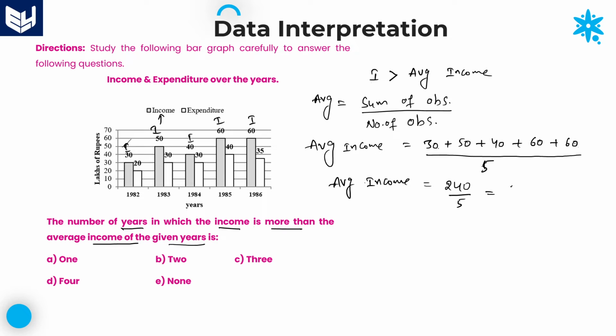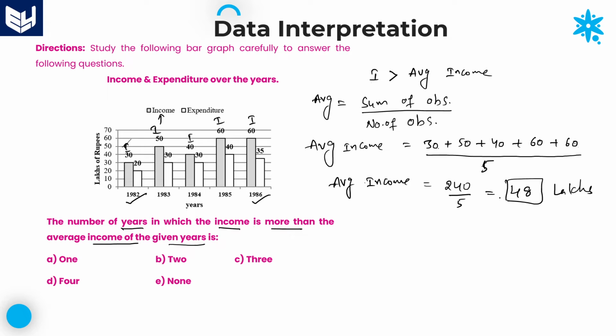Calculate this one. 4 fives are 20, then 4 is left over, 40 means 8 times, 48. Therefore 48 lakhs is the average income over the years from 1982 to 1986.